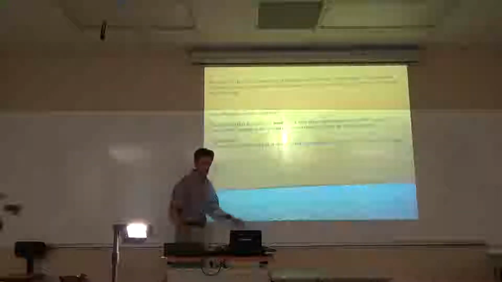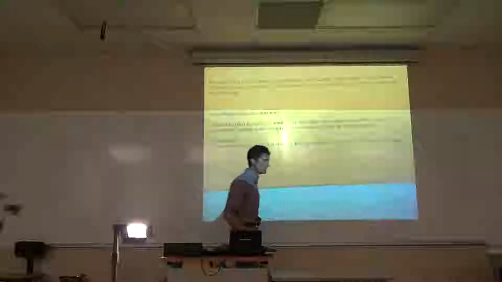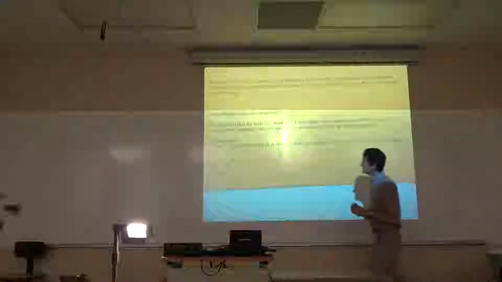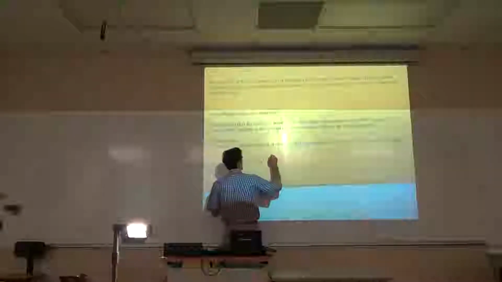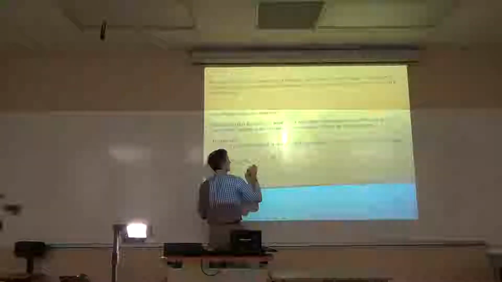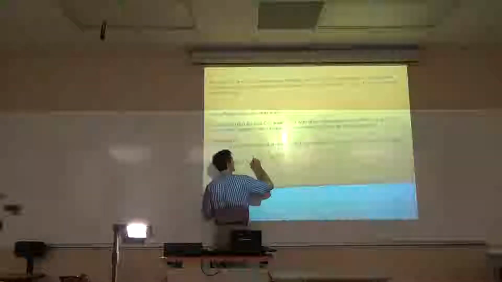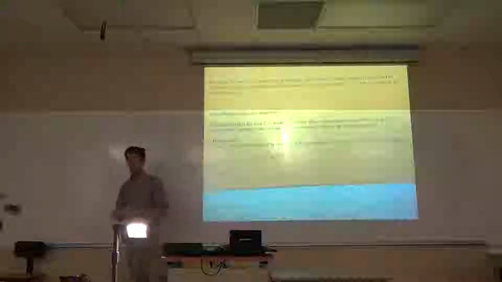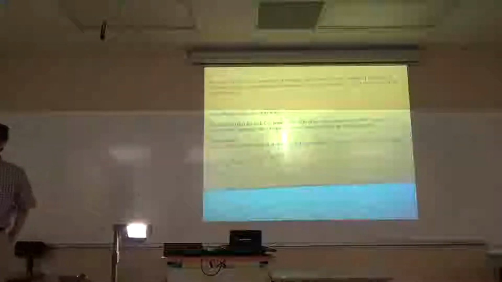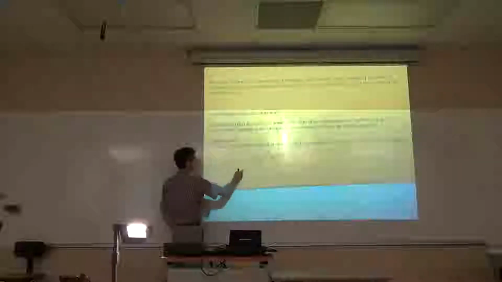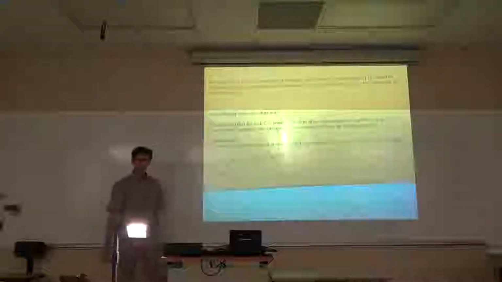What's the bond order of the last two carbon-carbon bonds? Bond order equals 1 here and here. Those are true single bonds. Neither one of those is involved in any pi bonding. All the rest of them are 1.5.